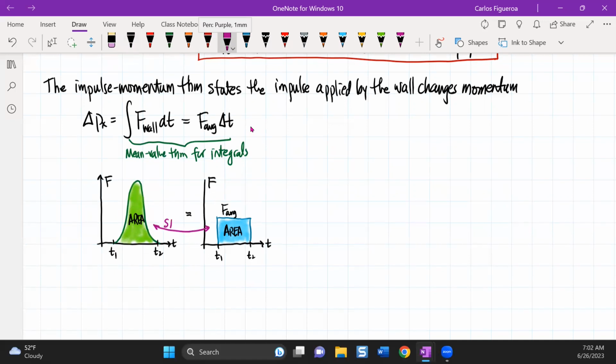If these areas are the same, then I could make that replacement.